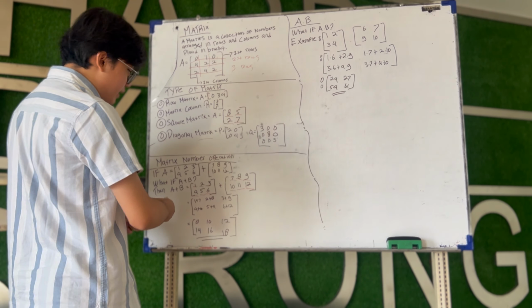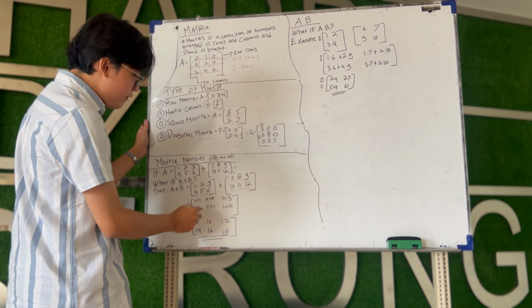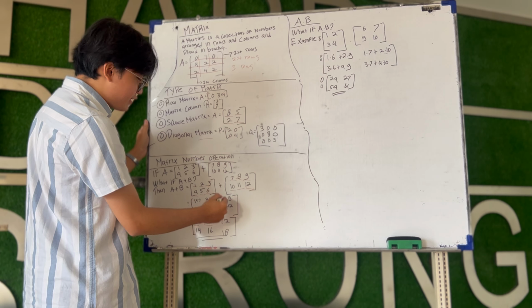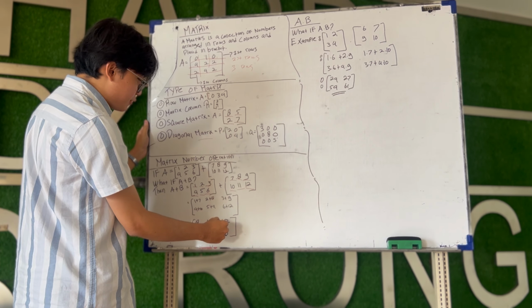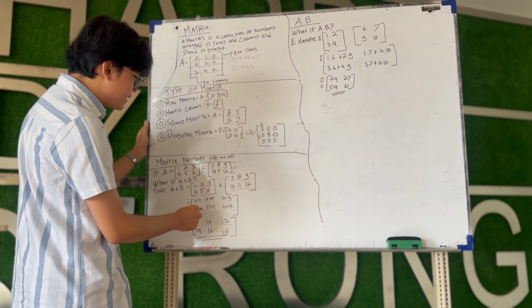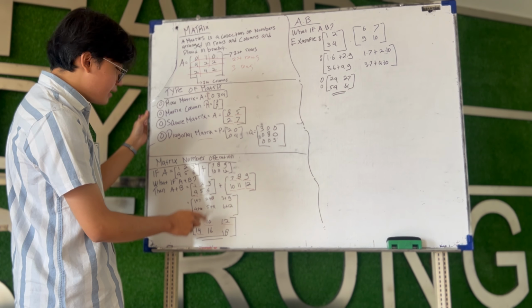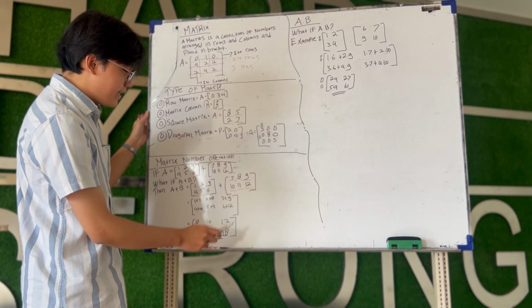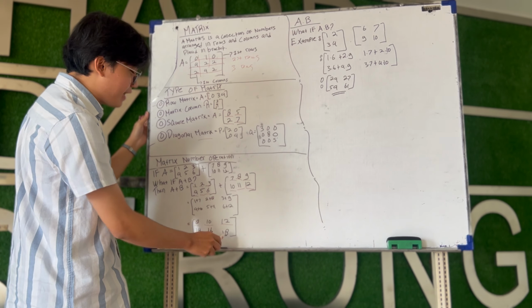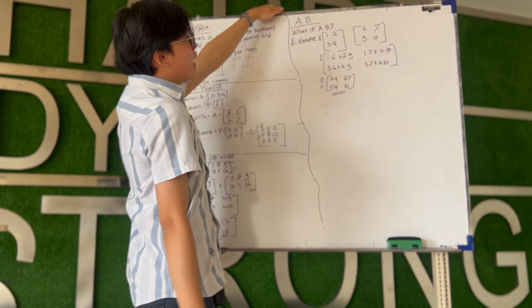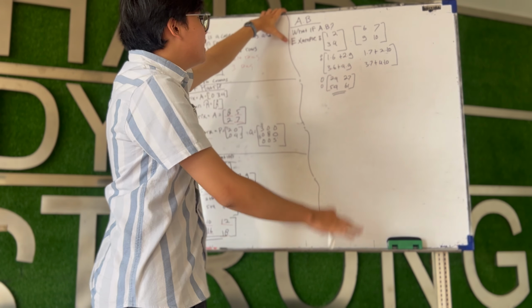And the answer is 1 plus 7 is 8 and 2 plus 8 is 10 and 3 plus 9 is 12 and 4 plus 10 is 14 and 5 plus 11 is 16 and the last, 6 plus 12 is 18.